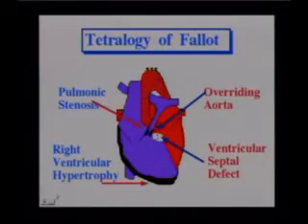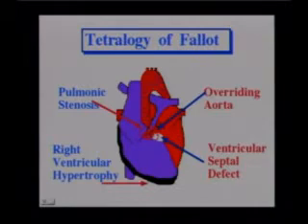We're now going to look at cyanotic defects, the biggest of these being tetralogy of Fallot. Now tetra means 4, so there are 4 defects. The first of these defects is a pulmonic stenosis. So this pulmonic valve is narrowed and it makes it hard for the blood to get through the pulmonary artery into the lungs.